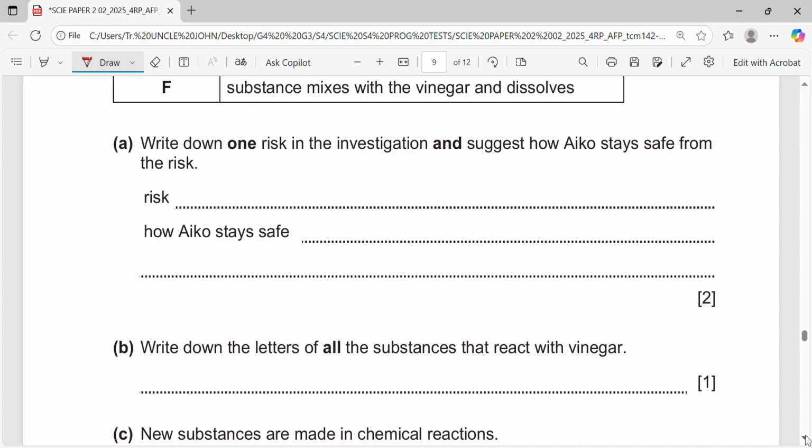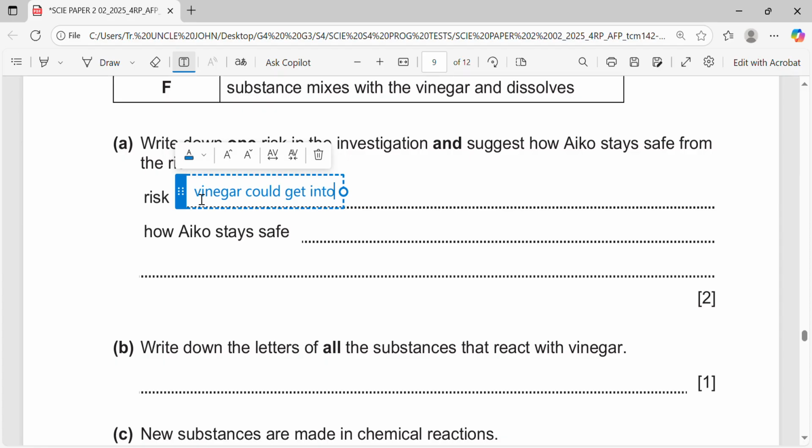Vinegar could get into her eyes. You can say one risk is the vinegar could get into her eyes. How Aiko stays safe.